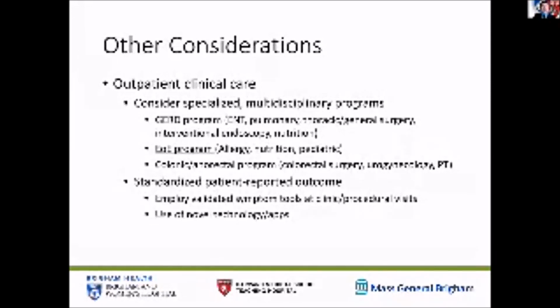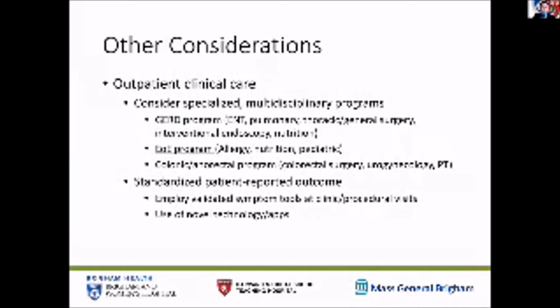These may include employing validated symptom tools when patients come to clinic or procedural visits. You may also consider using some of these newer technologies or apps that patients can use to enter their symptoms to monitor their symptoms from home.